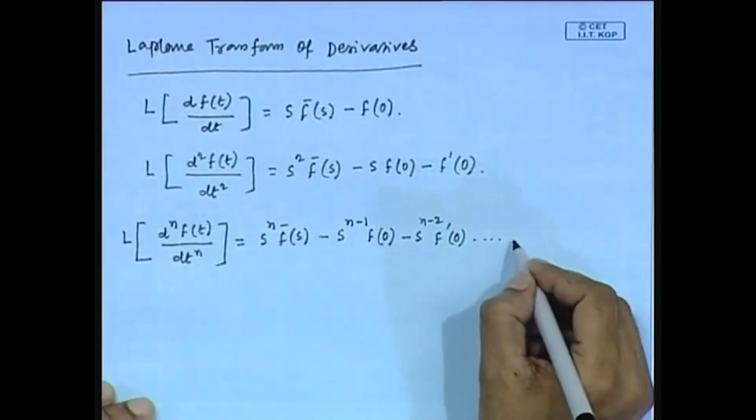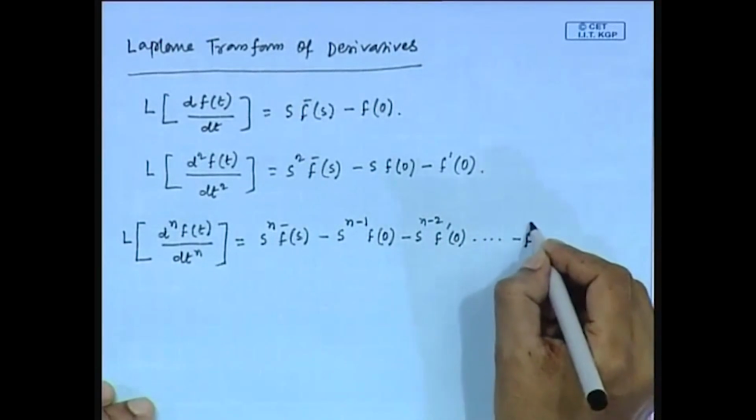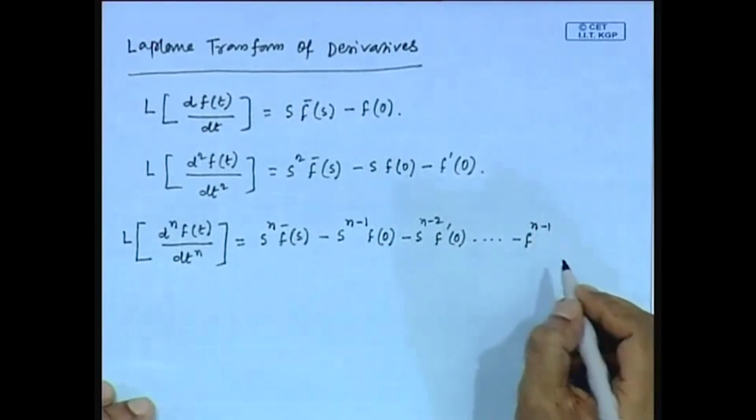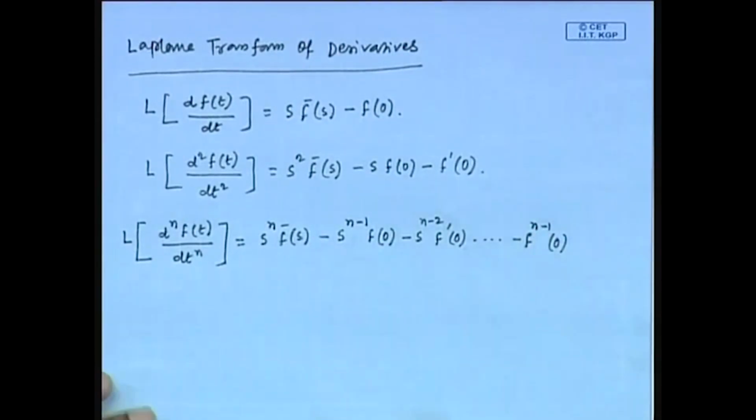By this way, the last term will be the n minus 1th derivative at 0. Fine.